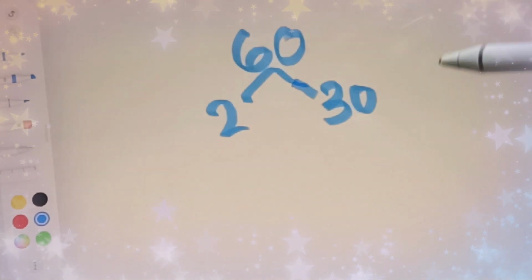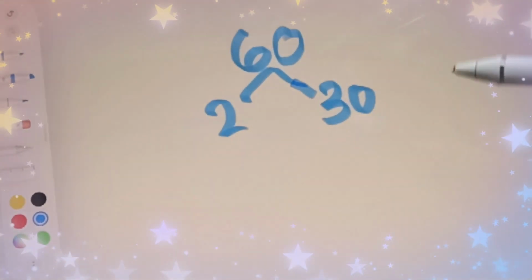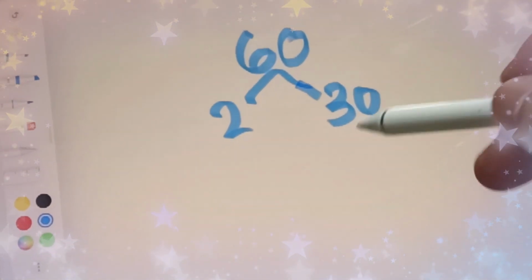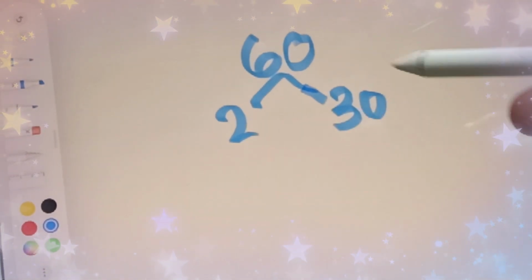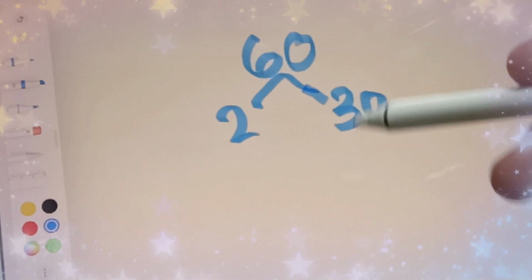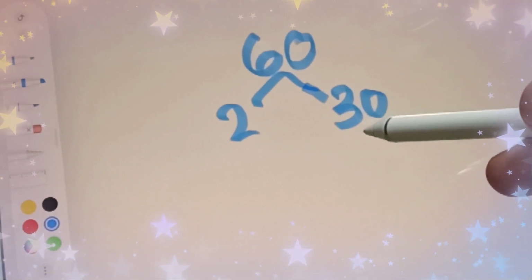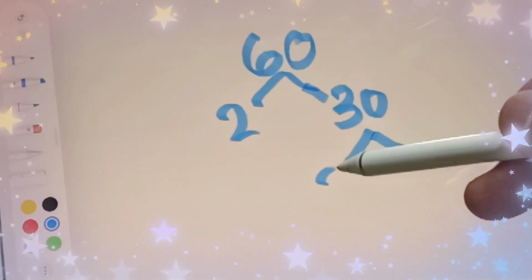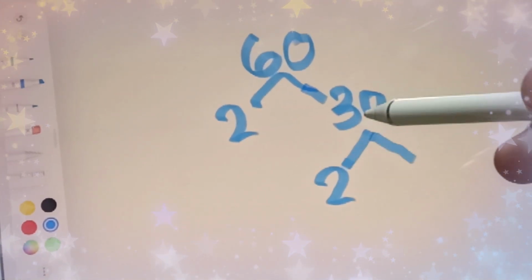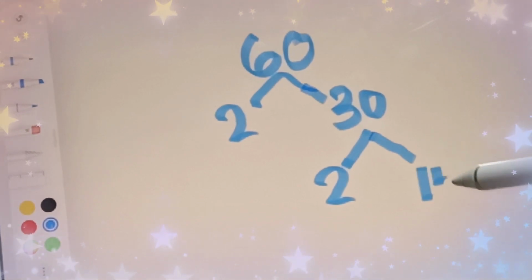So 2 times 30 is 60. Another one: you keep on doing that until you get the last prime number. 30 is divisible by 2 and 2 is a prime number, so 2 times 15.